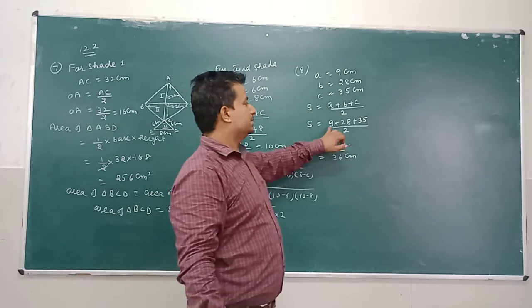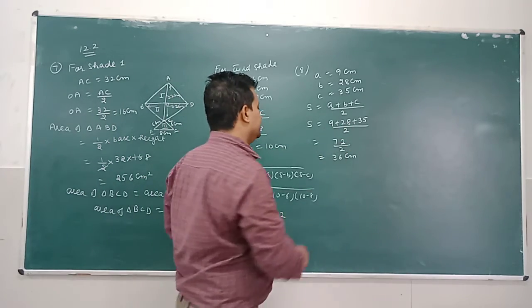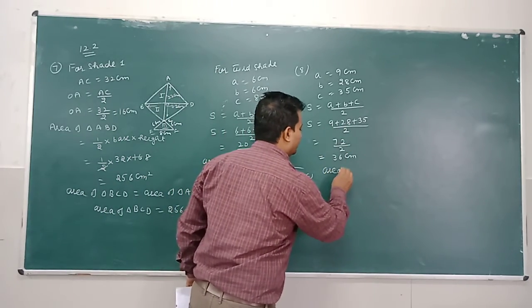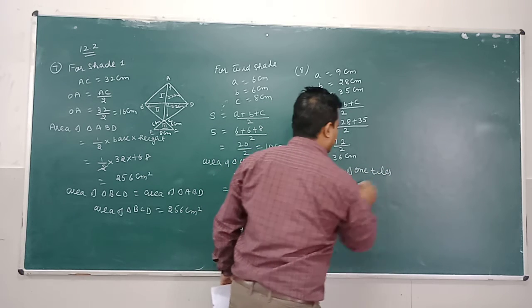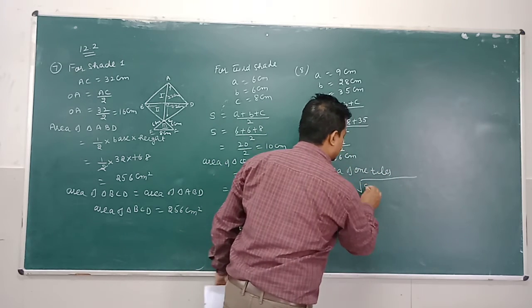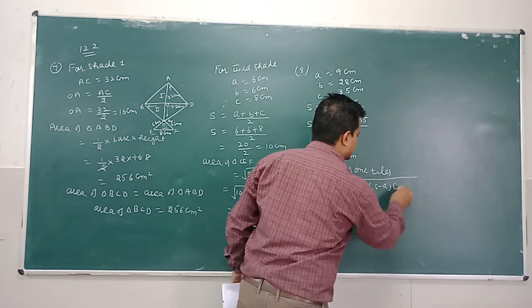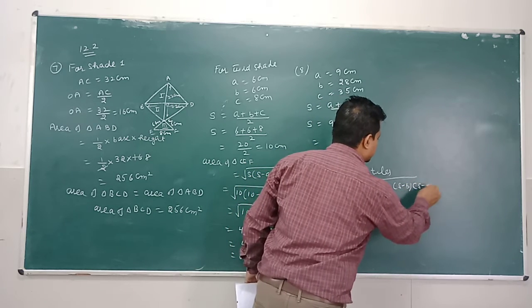So the semi-perimeter is 36 centimeters. We are required to find the area, first of one tile. Area of one tile is under root S into S minus a into S minus b into S minus c.